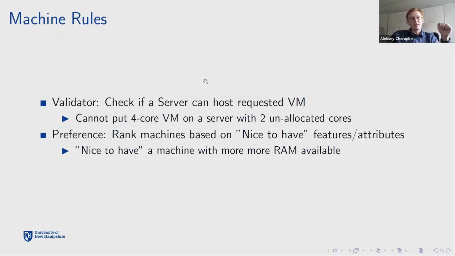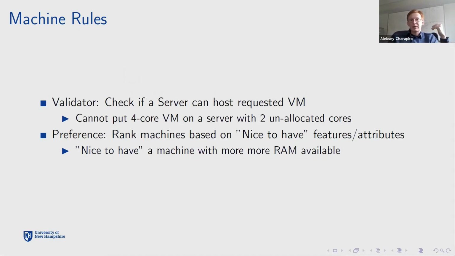So again, with the validator rules, they have these few thousand servers that they can potentially place the virtual machines into, and they filter out all the machines that are guaranteed to not be able to support this virtual machine. In the remaining list of physical machines, again they apply these preference rules, which are nice-to-have features and attributes.